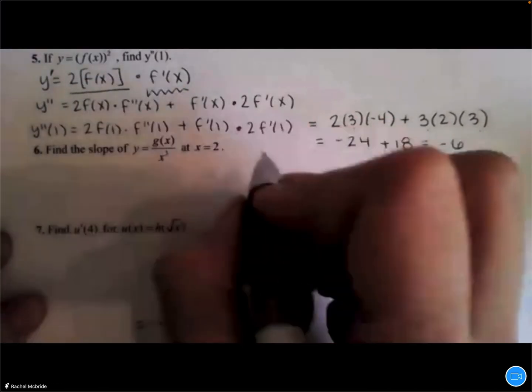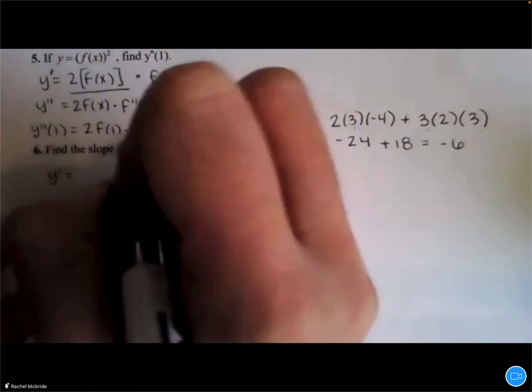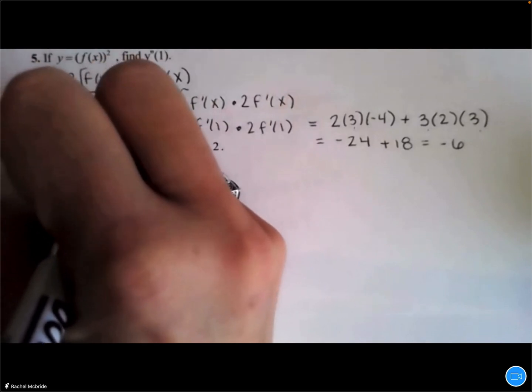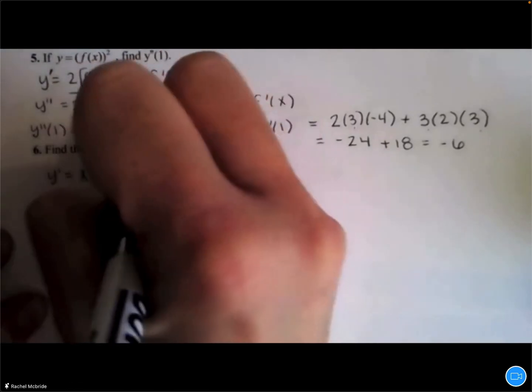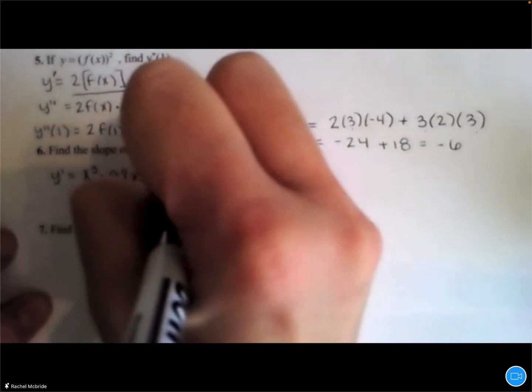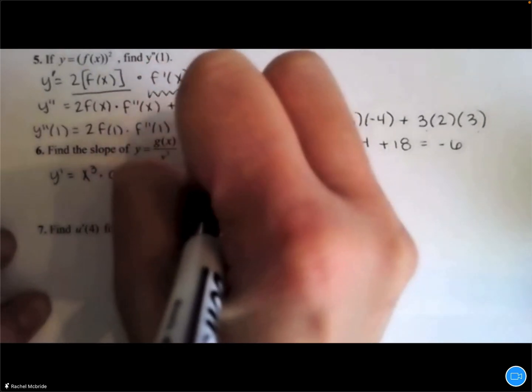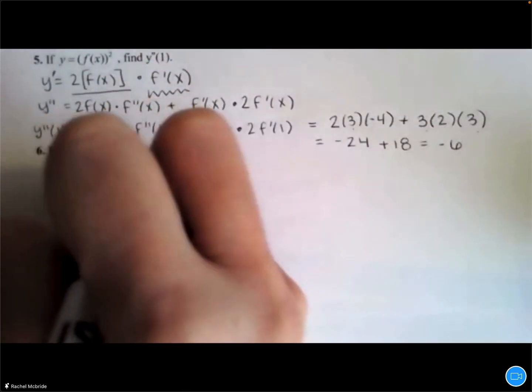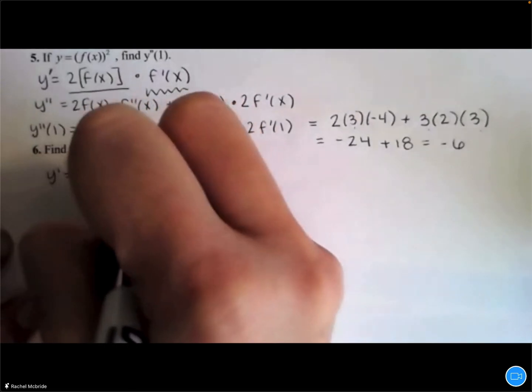And in number 6, y prime equals ho d high minus high d ho, all over ho ho.